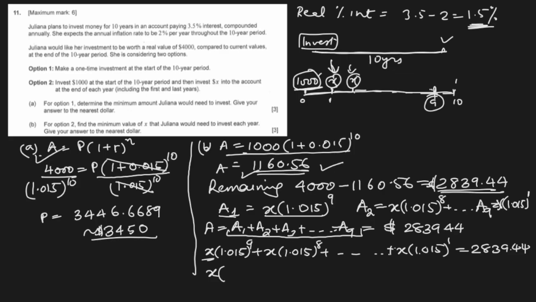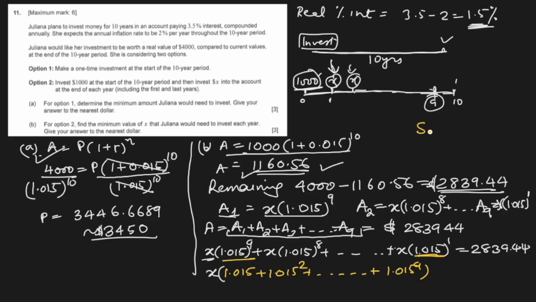Let's take X common out of them, and I'm doing a trick here. I'm writing the last one first because this is the smaller number. So 1.015 to the power 1, 1.015 to the power 2, and I will reach this one, because that will become a geometric sequence, which I can add very easily with the help of this formula.